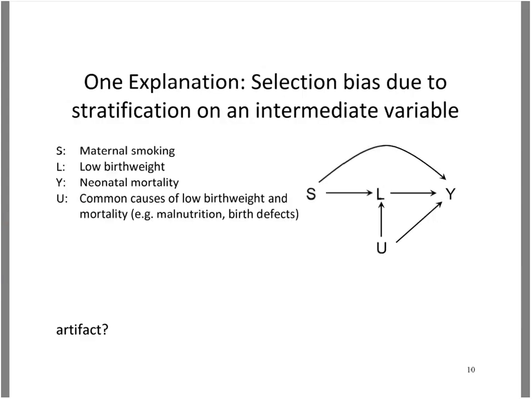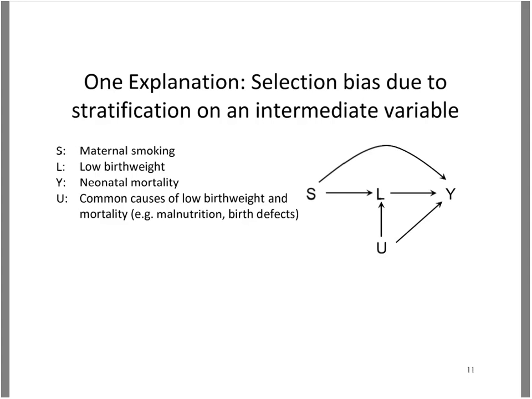So here's one explanation. One explanation is that perhaps this positive association between maternal smoking and infant survival among low birth weight babies is an artifact that's owed to selection bias by stratifying an intermediate variable.